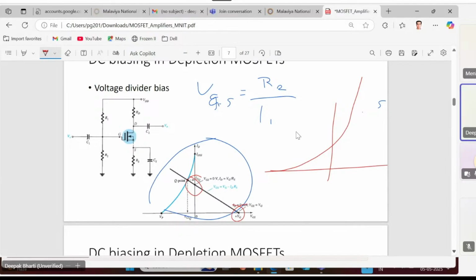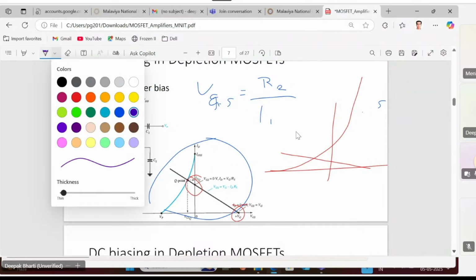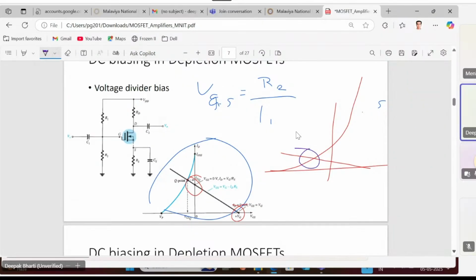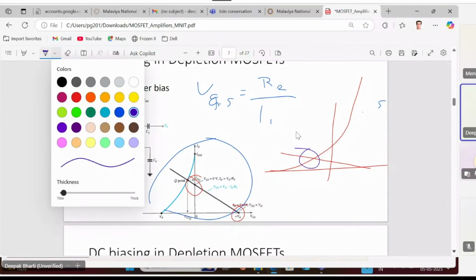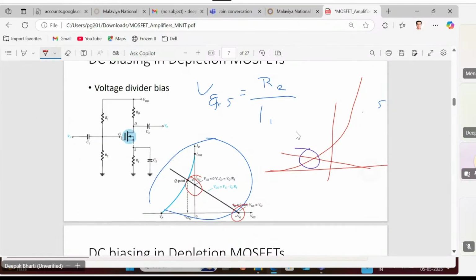If we adjust our resistive components such that the slope of the line is something like this, you notice that this intersection point is lying in the depletion region. So here on the depletion mode side, the operating point will lie in the depletion region.